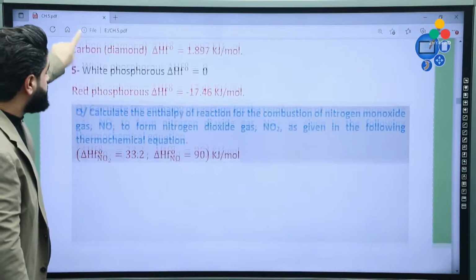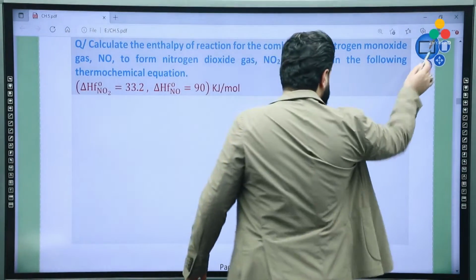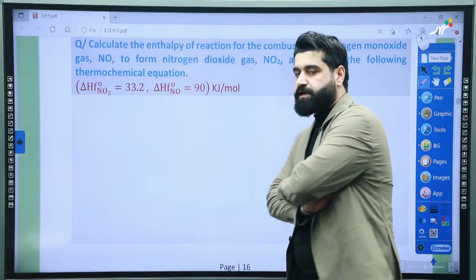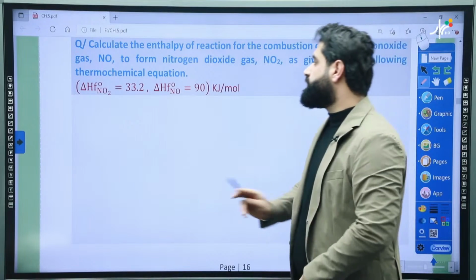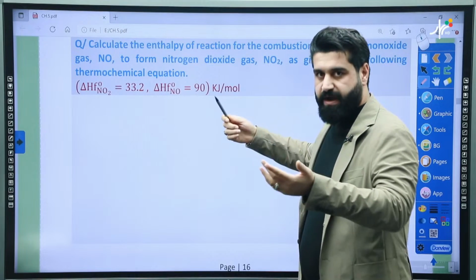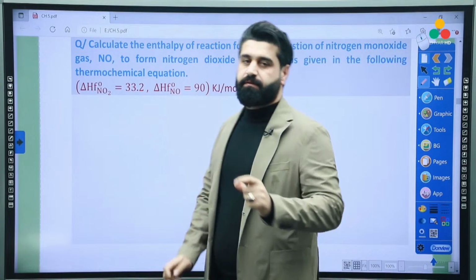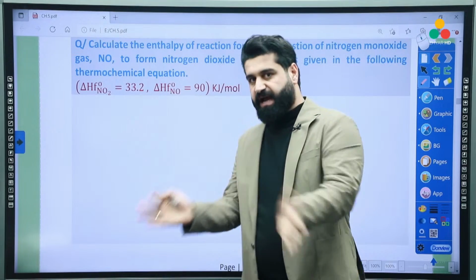Let's solve some questions about this. Okay. Remember, we are going to calculate the value of delta H based on delta HF. How do you know? We have to use this formula, the equation that makes a relationship between delta H and delta HF.